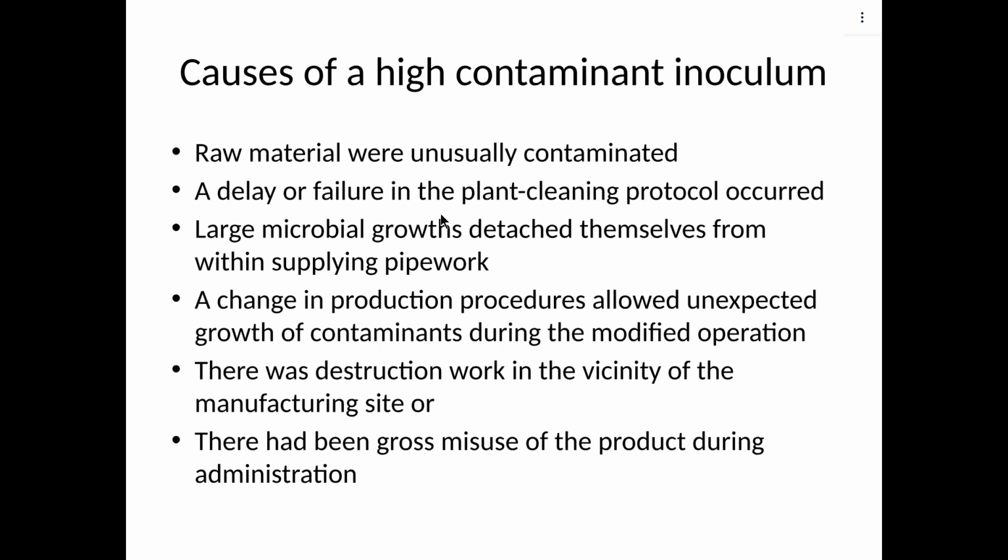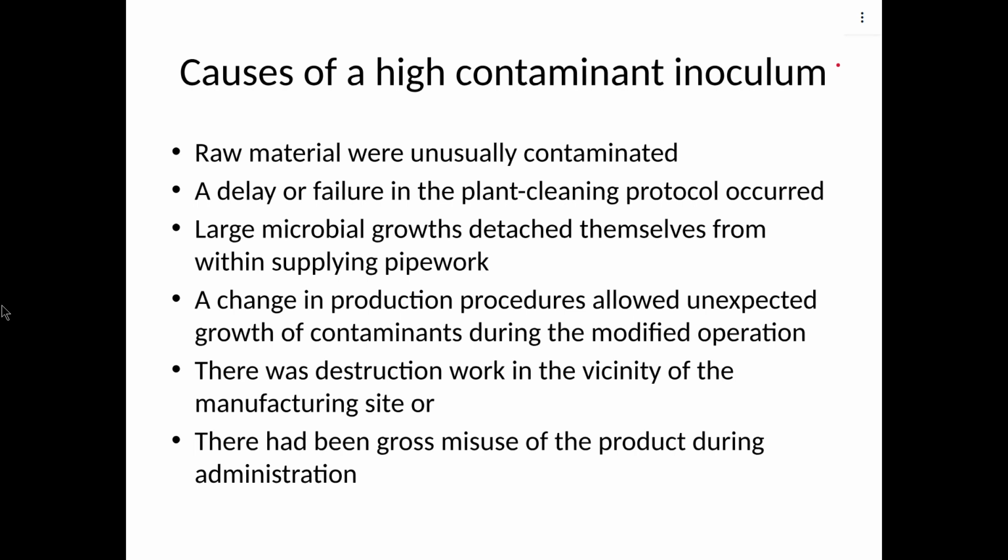Then we also looked at the size of the contaminant, and we said if you have a very large contaminant size or inoculum, what will happen is the large amount will tend to overwhelm the preservative system.